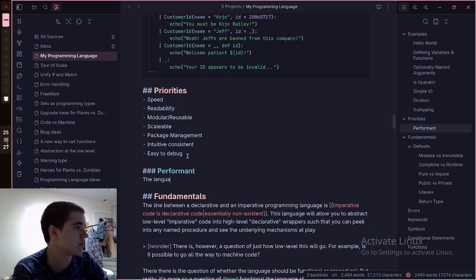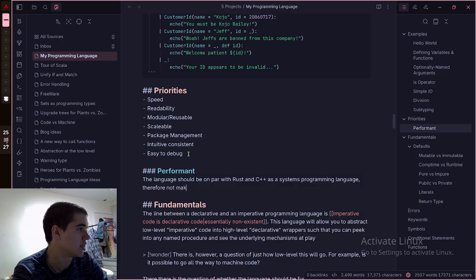The language should be on par with Rust and C++ as a systems programming language, therefore not making use of garbage collection and instead having manual memory management.